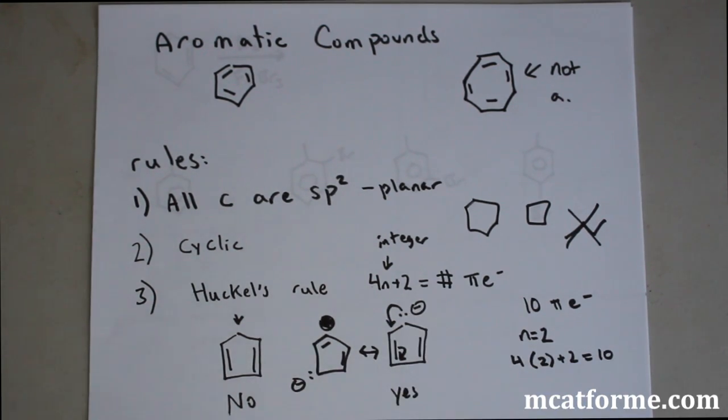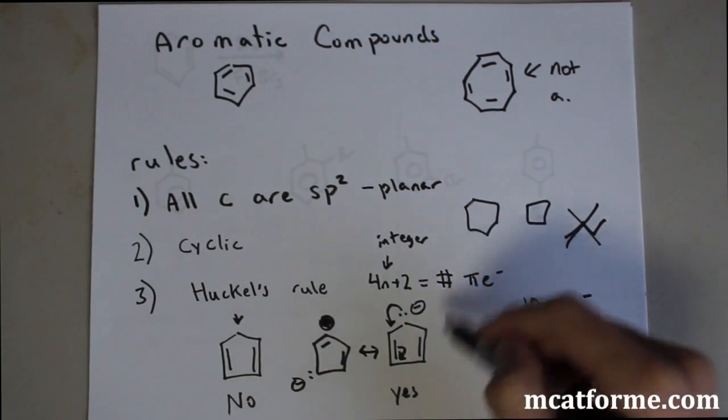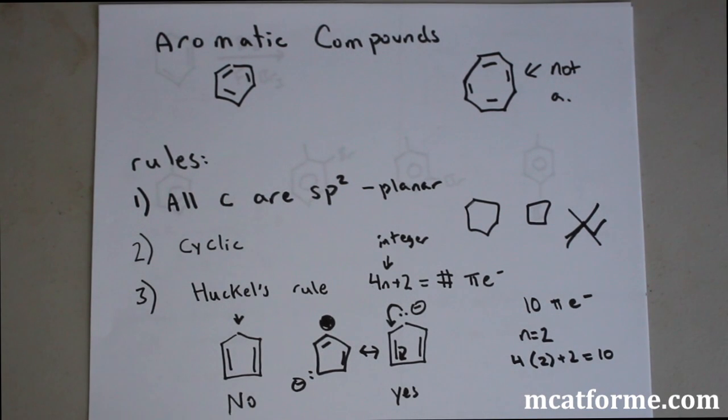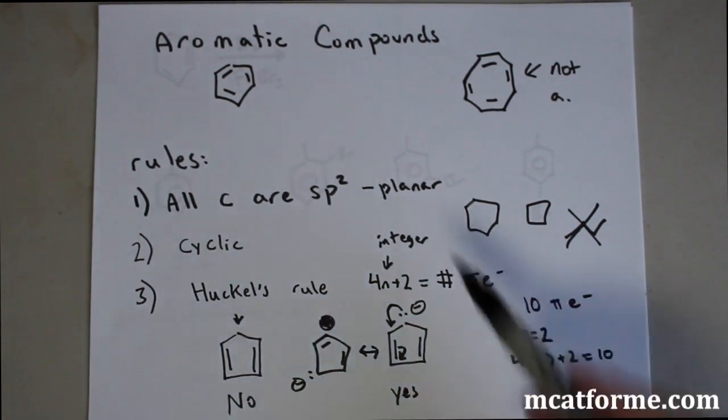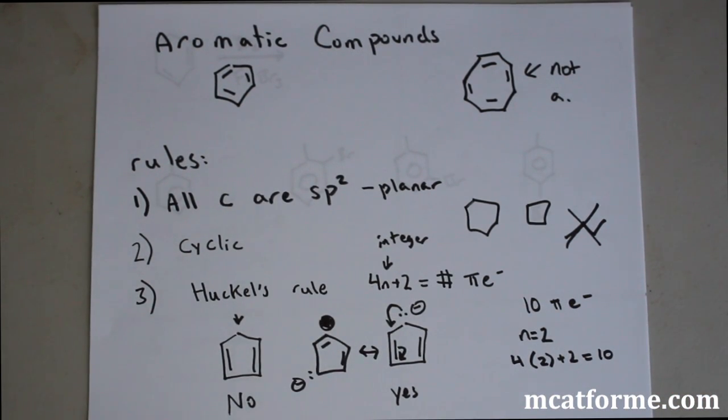The fact that when we push down and resonate these lone pairs, now we can say that those are pi electrons that we can use. So these would be considered pi electrons because they can resonate in. If they can resonate in, then we consider them part of the pi electrons, and we would use that as the 4n plus 2. So we always have to watch out for these lone pairs. If they can resonate in, then we would count those as 2 pi electrons, and that's why we have 6 total pi electrons. 4n plus 2 equals 6, we would get n equals 1 as an integer, and so that checks out. And obviously it's cyclic, and all carbons are sp2 as well.